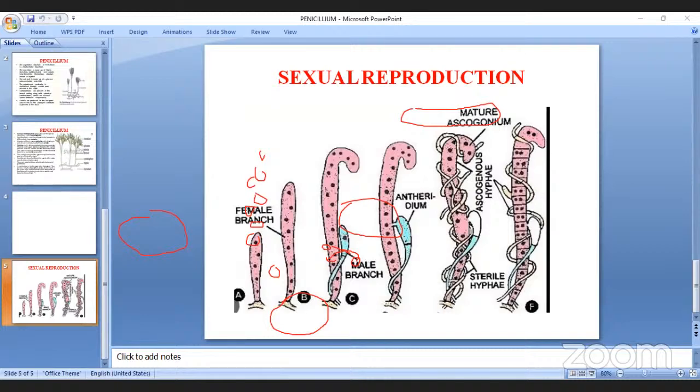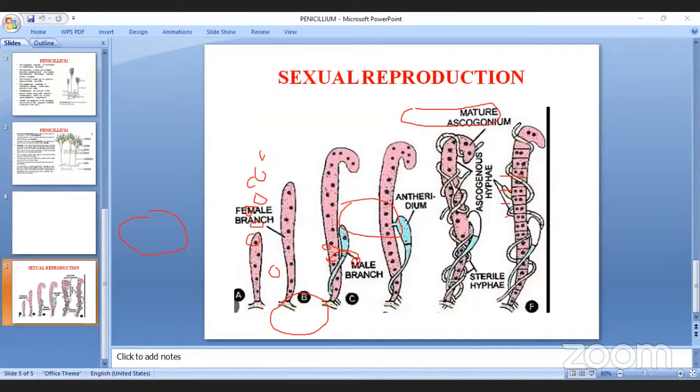When the antheridium nucleus enters, division takes place in the ascogonium, so one nucleus becomes two nuclei. Later septa form between the two nuclei.